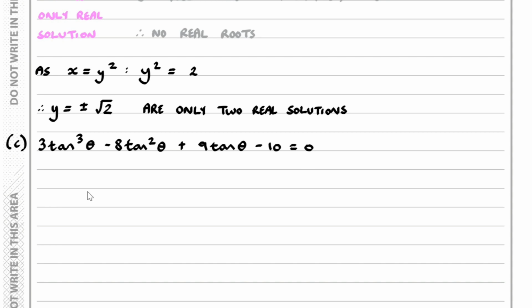And what we will do is, this time we will let x equal tan theta, and if we do that, we've got 3x cubed subtract 8x squared plus 9x minus 10 equals 0.